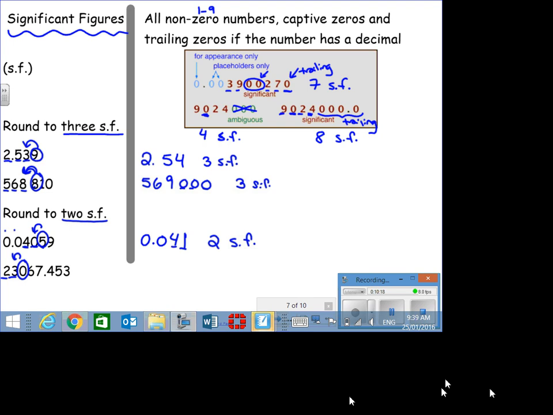So it's below 5. So I'm going to say, okay, 2, 3, and then I need to still say that we're dealing with 23,000, so I'm going to change those 2 zeros, okay? Those zeros are not significant because I do not have a decimal. So I still have 2 significant figures, okay?